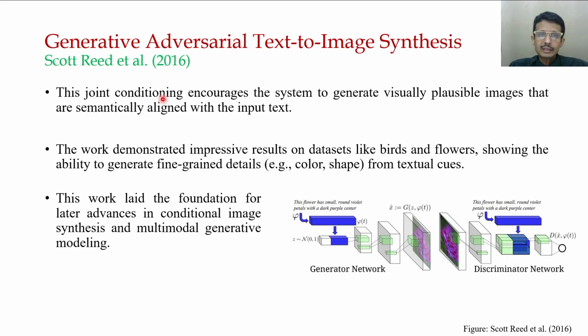This joint conditioning encourages the system to generate visually plausible images that are semantically aligned with the input text. And this work produced impressive results on datasets like birds and flowers, showing the ability to generate fine-grained details from textual cues. This is a very important work because it laid the foundation for later advances in conditional image synthesis and multimodal generative modeling.